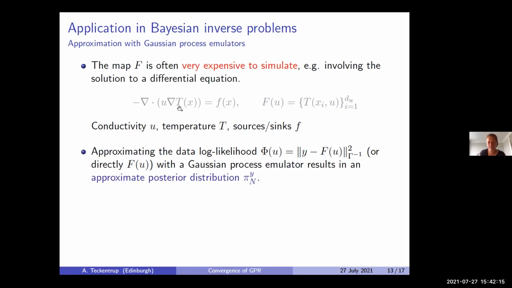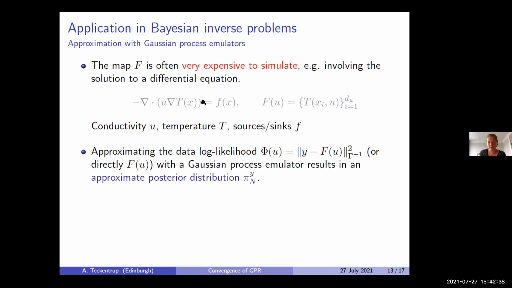You would have the temperature T, some temperature distribution on some body, some sources and sinks F, and this parameter U here, which is the heat conductivity of the body, so how well it can conduct heat.